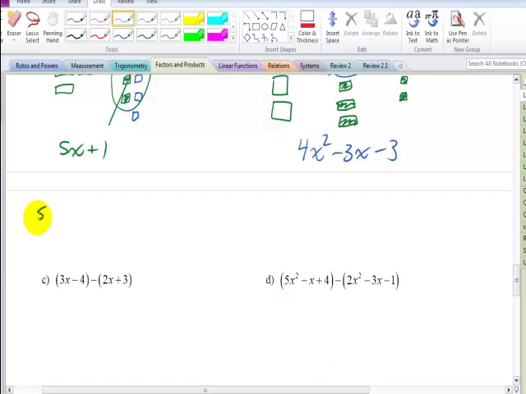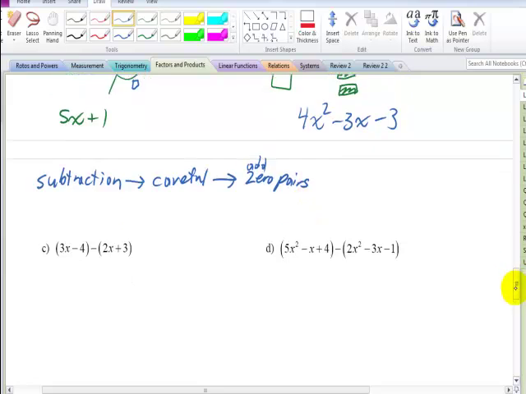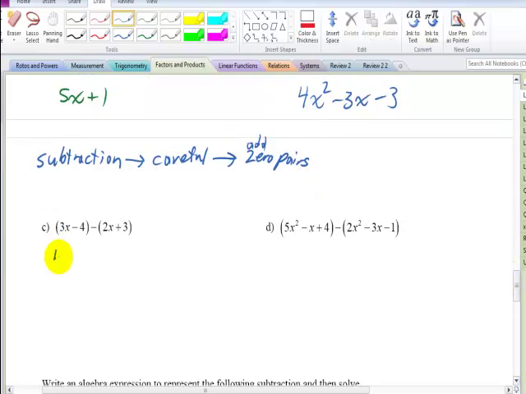So, subtraction. You can't screw up addition. It's almost impossible. But for subtraction, you've got to be very careful. You most likely are going to have to add 0 pairs. Okay. So let's go 3x, draw that. Minus 4, draw that.